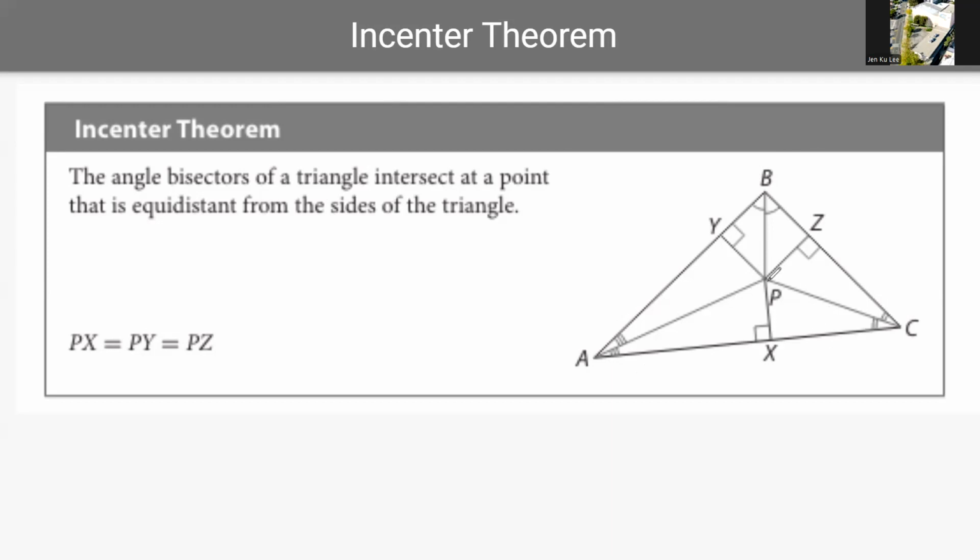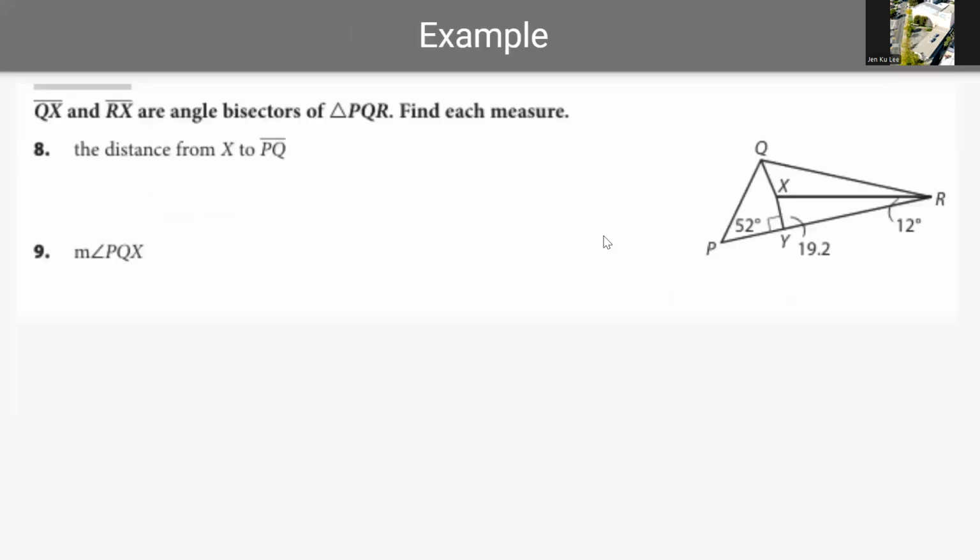And if they all intersect at one point, point P, then the perpendicular sides are going to be equal to each other. That's the theorem that we're going to work with right now.